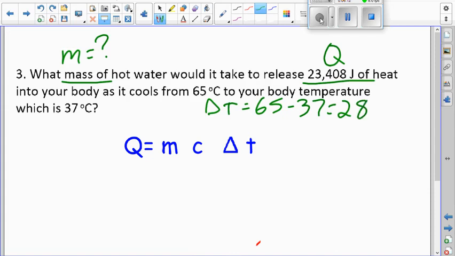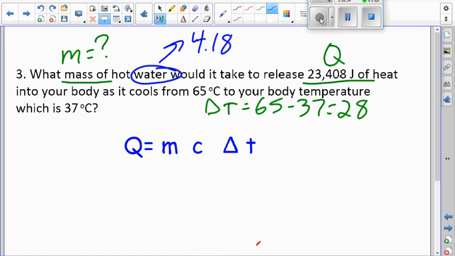So 28 is our delta T. But then the question is, where's our C? What's our C value? We have an M is what we don't know. We have a Q. We have a delta T. But what's our C? Oh, this is the first time I've done this to you. It's water, right? And so never forget, that's your 4.18. That's that magic number, 4.18.